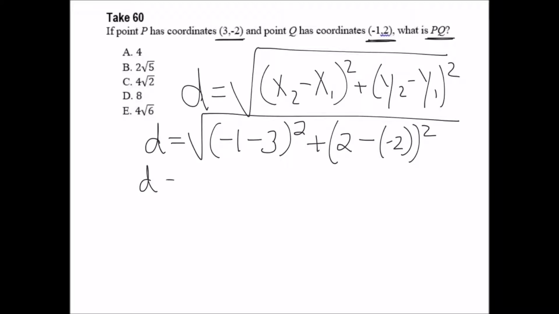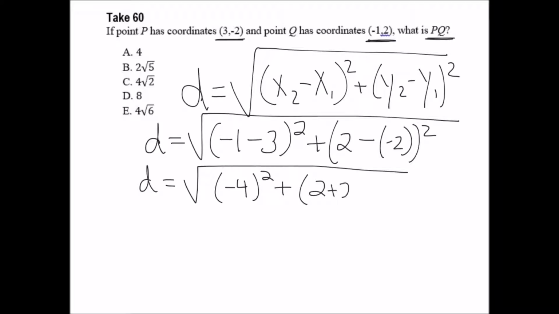So D is equal to the square root of (-1 minus 3, which is -4) squared, plus (2 minus -2, so that's really 2 plus 2) squared, which we know is 4.